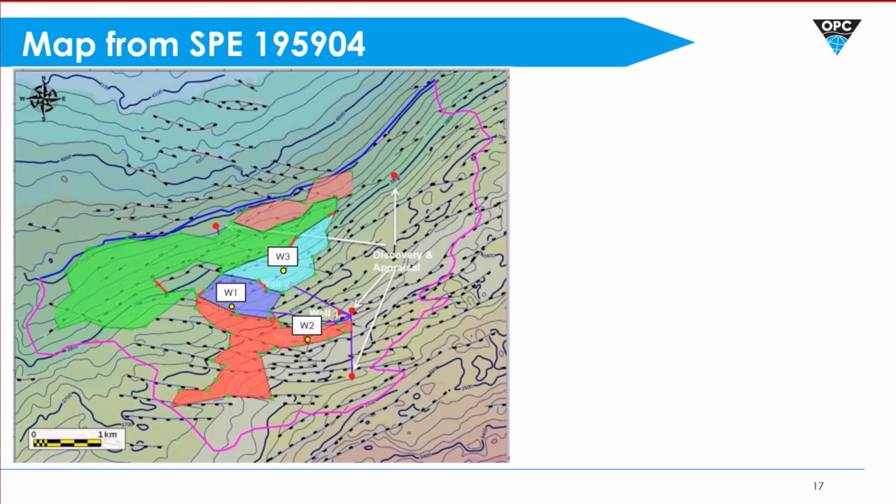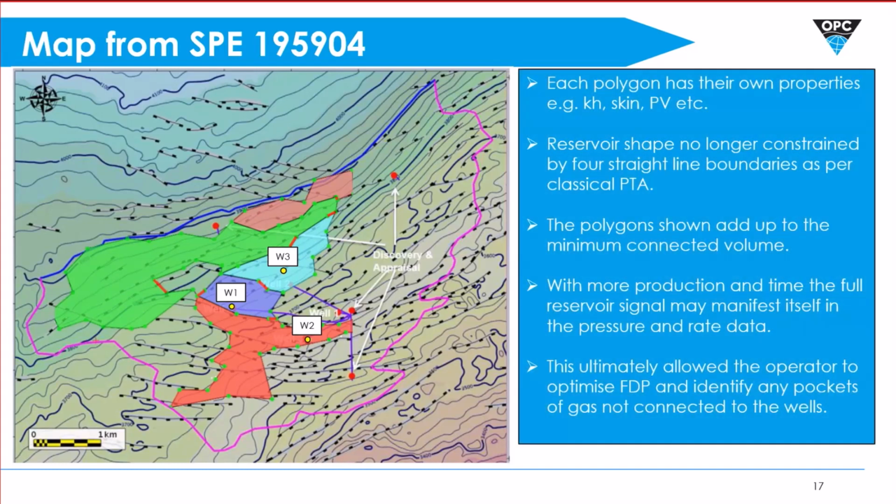And just to show you the polygons that we have at the time of our analysis, these are the polygons that we drew. So each polygon has its own properties, e.g. KH, skin, pore volume, etc. The reservoir shape is no longer constrained by 4 straight line boundaries as per classical PTA.